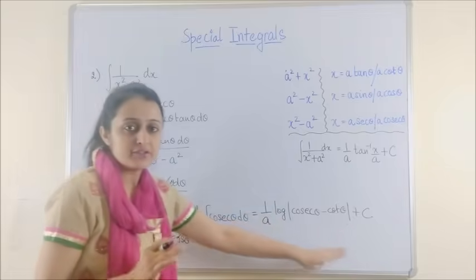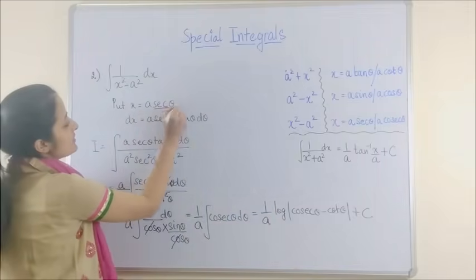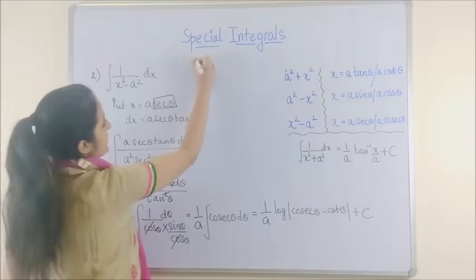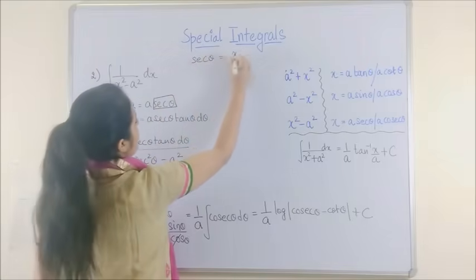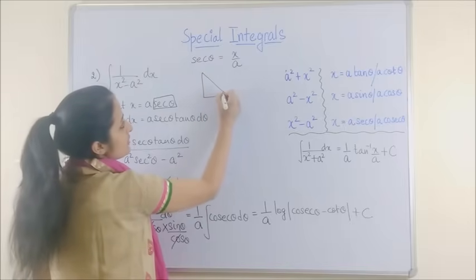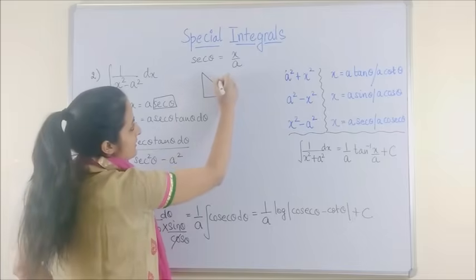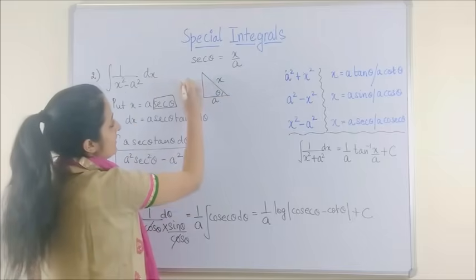Now we have to replace back our theta. So for that, you know your secant theta has been given as x by a. So using your trigonometry, secant theta becomes h by b. So this is x by a.